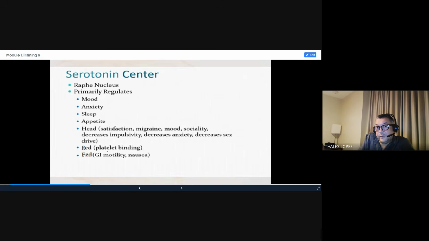You may have decreased impulsivity, decreased anxiety, or decreased sex drive. That is because of an increase of serotonin. The red is the platelet binding, so they may be more susceptible to bleeding. And the fat will be the GI motility, like nausea, vomiting, diarrhea, especially in the first 3 weeks.